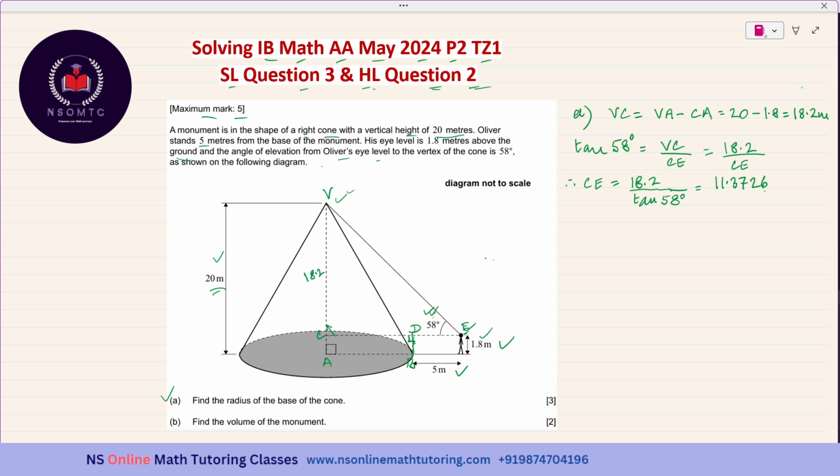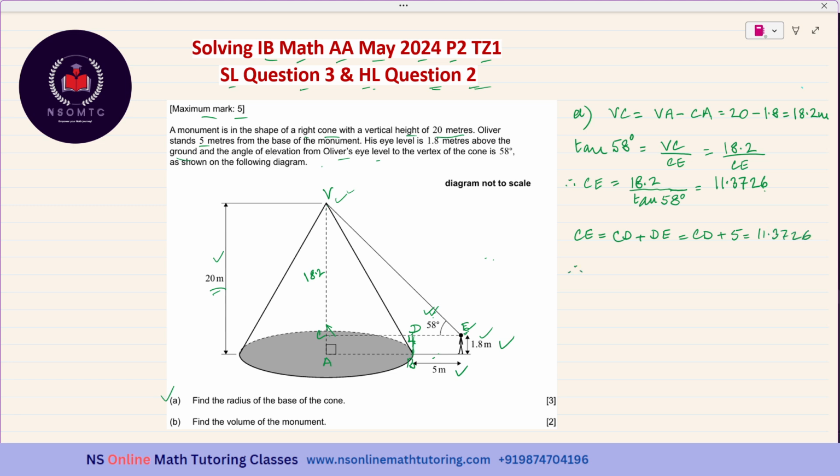CE is CD plus DE, and DE is equal to 5 meters. So CE is equal to CD plus 5, which is equal to 11.3726.